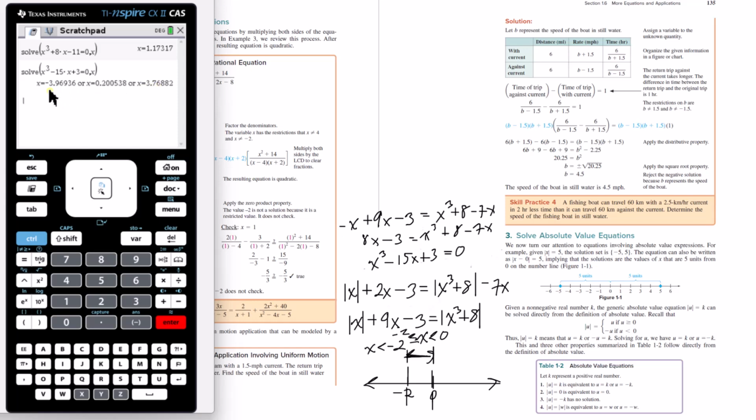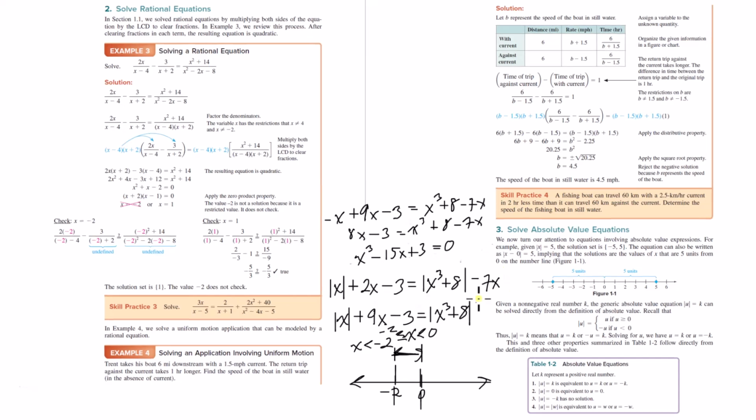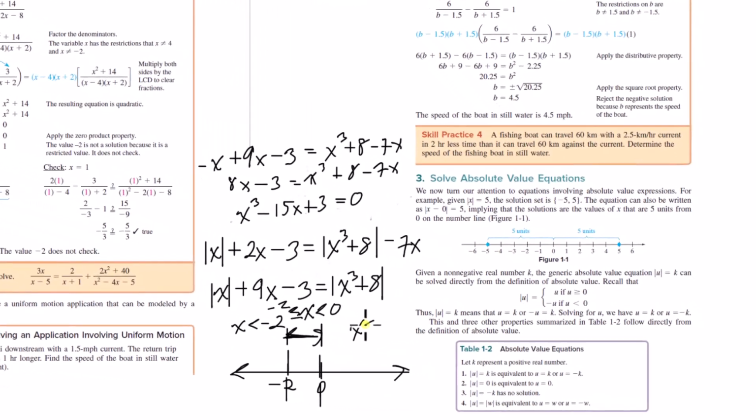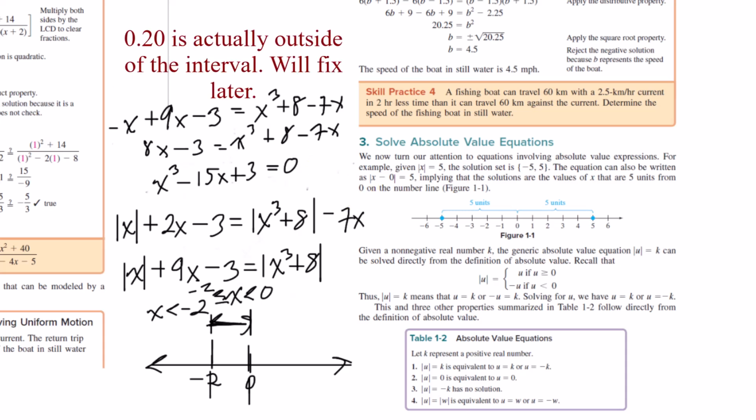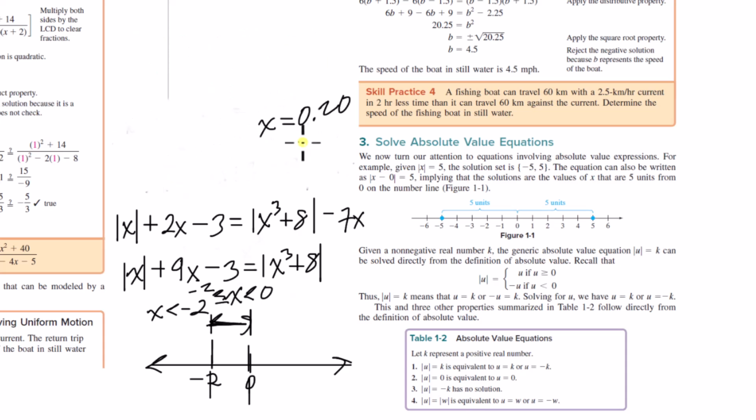So these outer 2 are not, it's only this one in the middle. So x is equal to 0.20. Well, let me erase this. Okay, that's a solution.